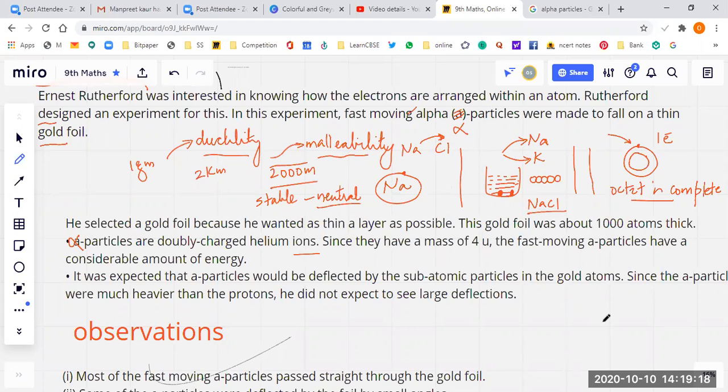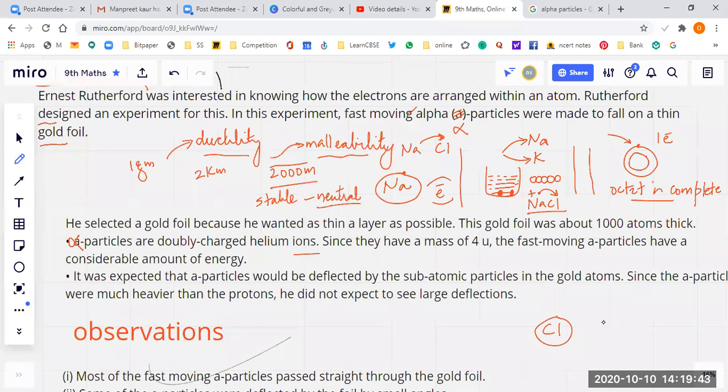So what happens when the Na gives the electron to chlorine? Na gets a positive charge, because the electron is gone, and electrons are always negatively charged.